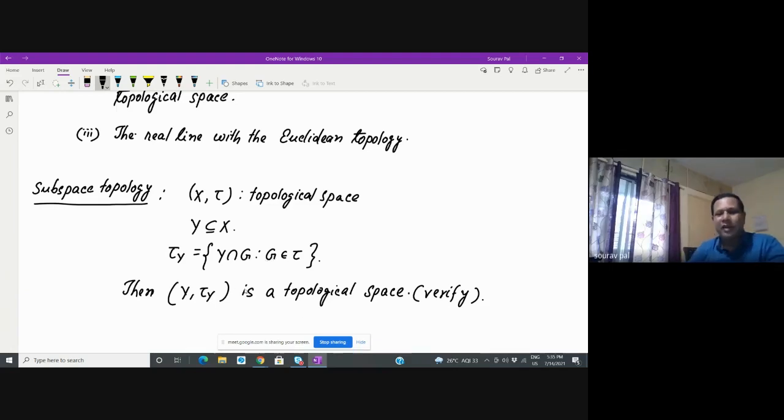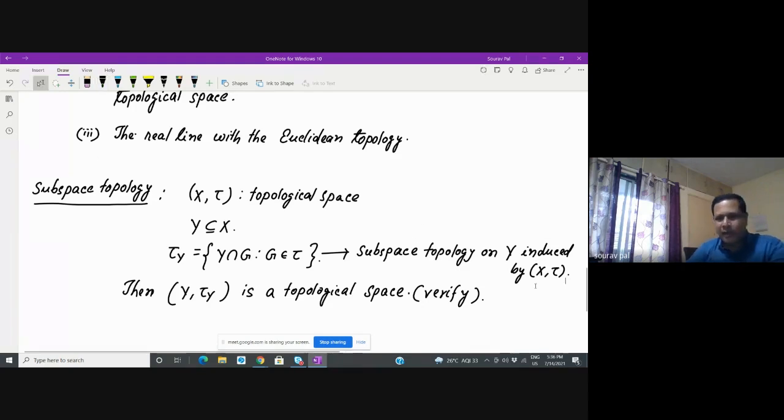So one can easily verify that it's a topological space, and it is equipped with the subspace topology on Y, induced by the original topological space (X, tau).